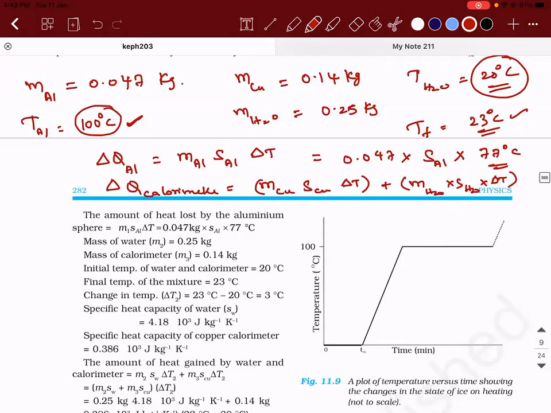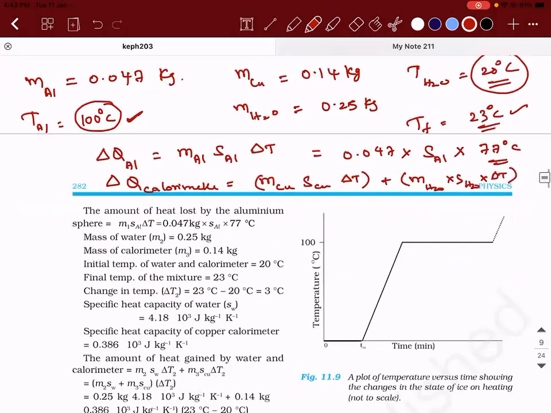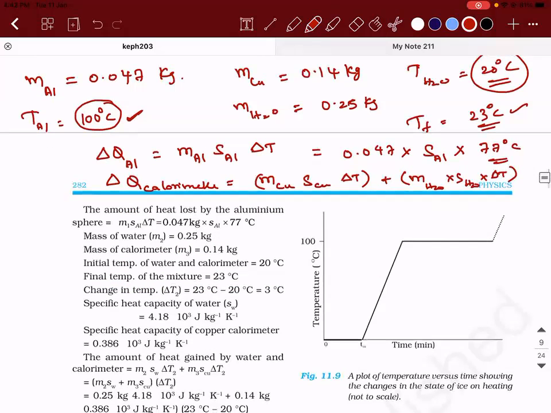So they should have given certain values. That is what I'm searching for. So mass of copper is how much? The mass of the copper calorimeter is 0.14 into specific heat. So they should have actually given this value.